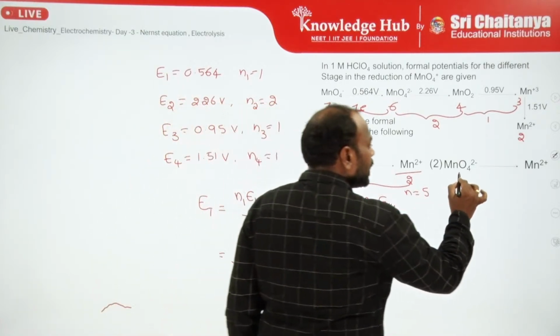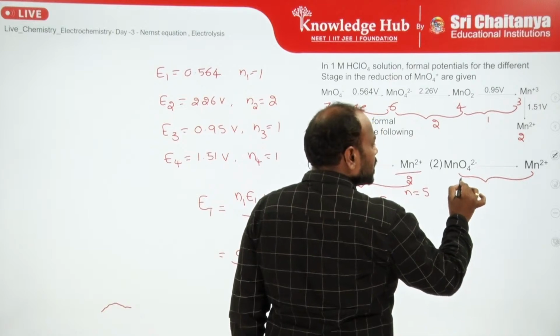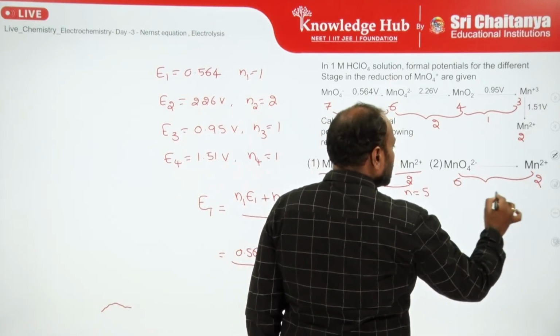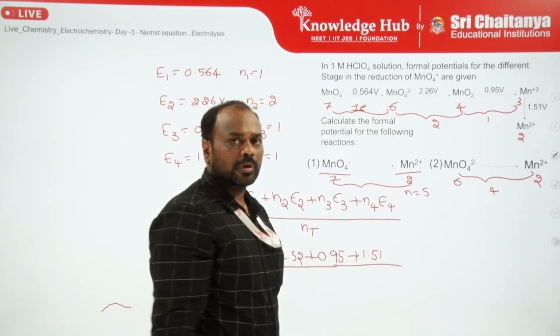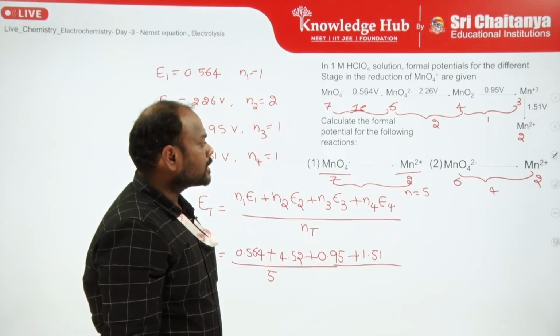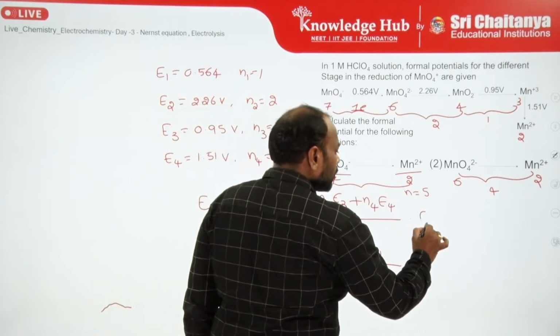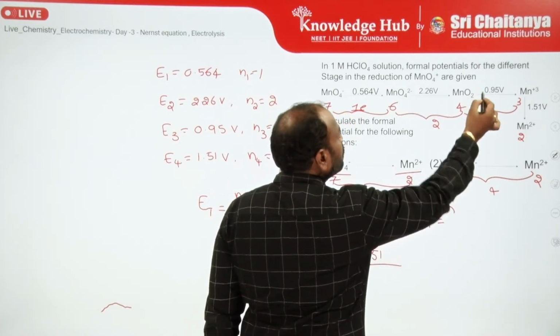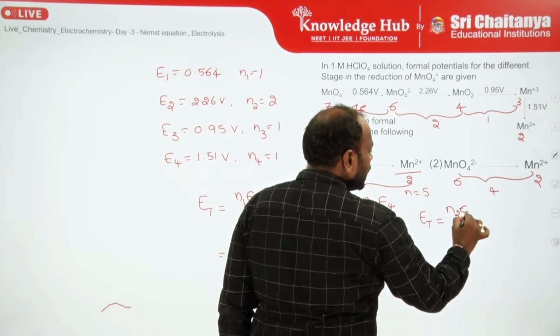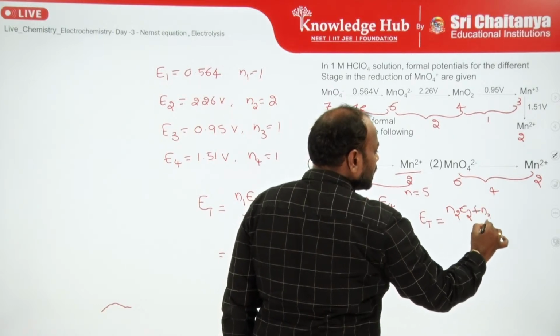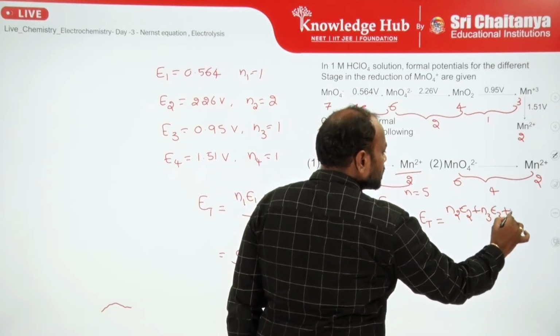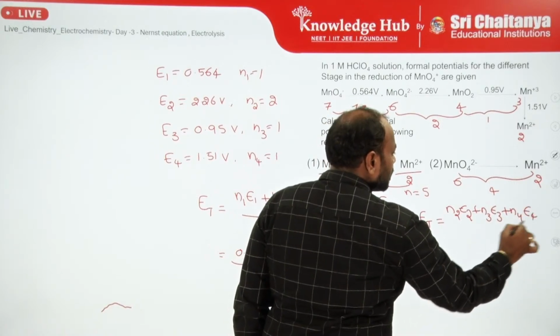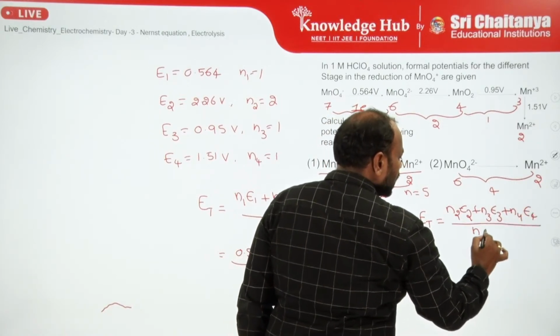Similarly, from here to here the oxidation number is 6, here 2, the change in oxidation number is 4. Similarly like this, what is the E total? It is equal to N2E2 plus N3E3 plus N4E4 divided by N total.